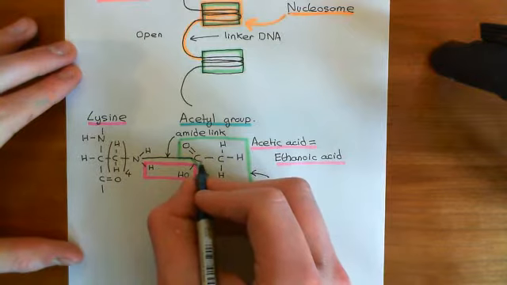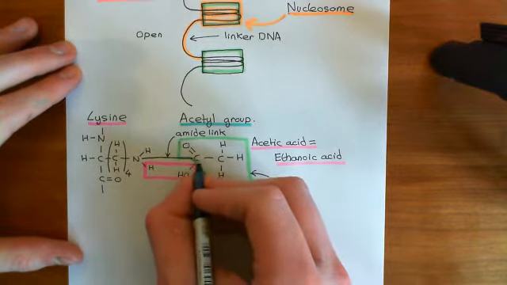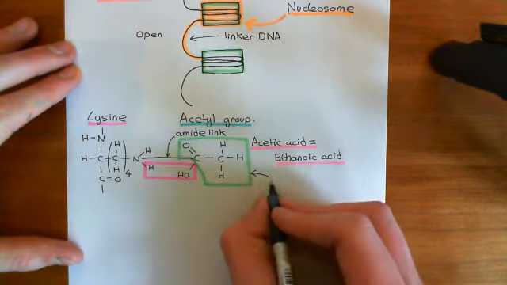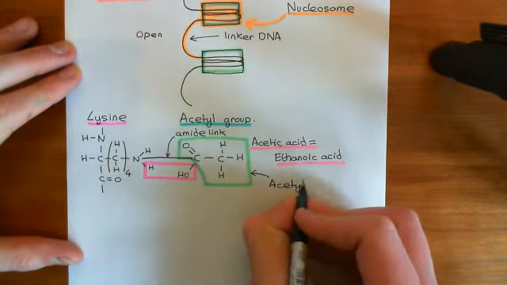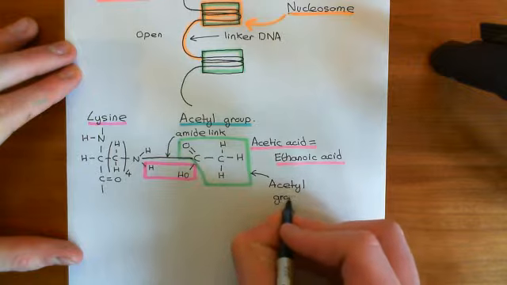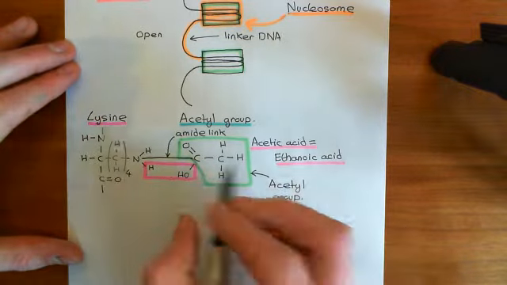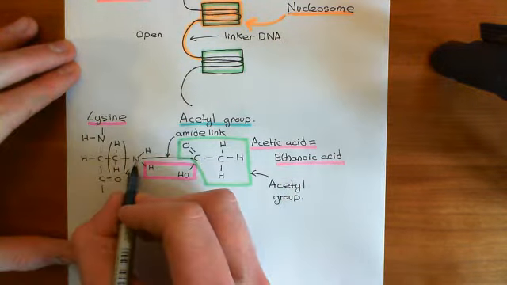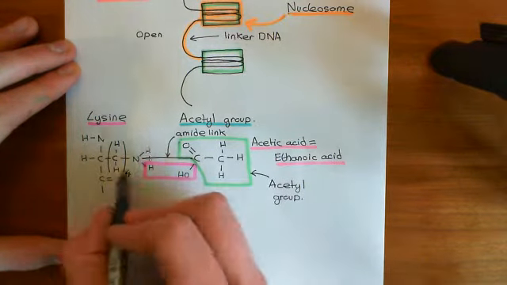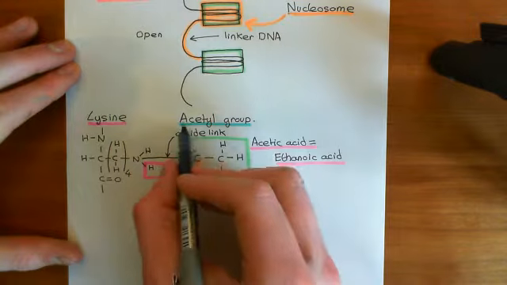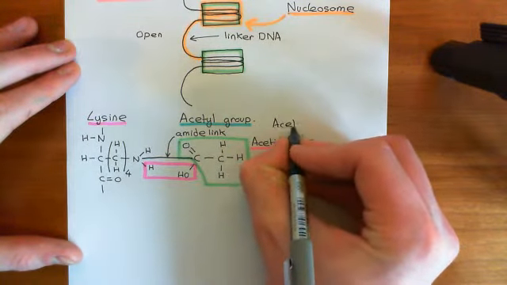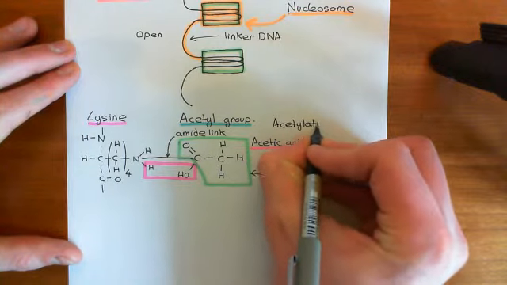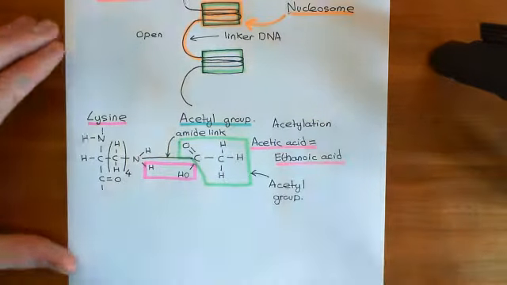Now, this is not a molecule, because this carbon needs to be attached to something else, so it's not complete unless it's attached to something else. Such structures are known as groups, so this is called an acetyl group. So you can attach acetyl groups onto amino groups within the lysine residues, and that process is known as acetylation. So we can acetylate lysine residues within histone proteins.